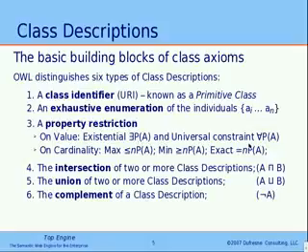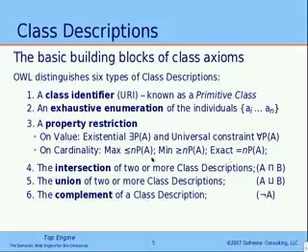And a universal constraint would describe a class for which all of the properties have a specified value or are of a specified type. Also, a property restriction can be on the cardinality of the relationship between two classes. So it could be in terms of a maximum cardinality, a minimum cardinality, or a specified cardinality.